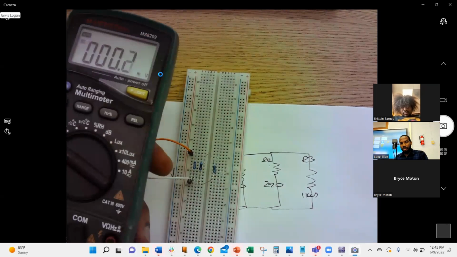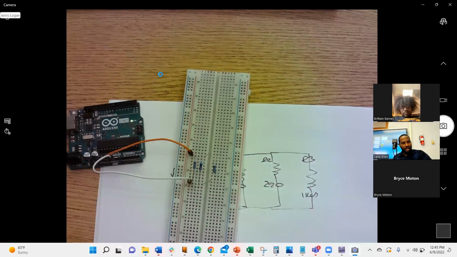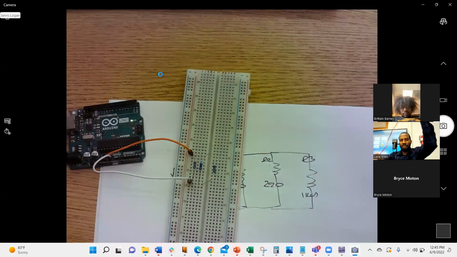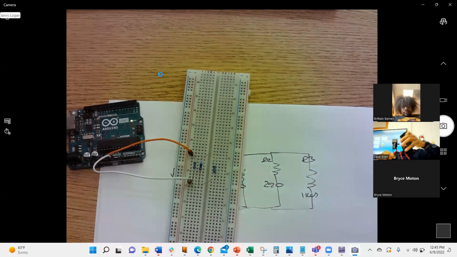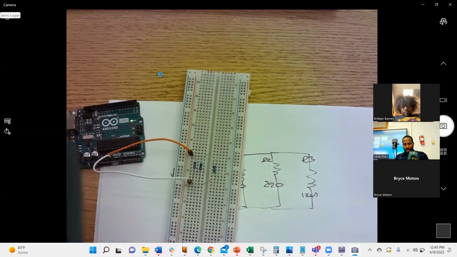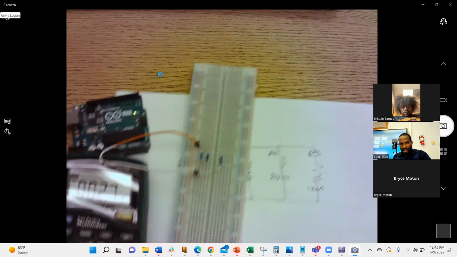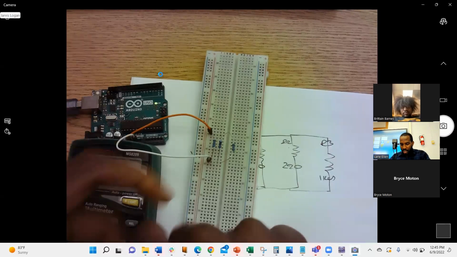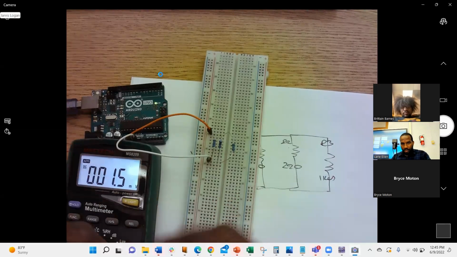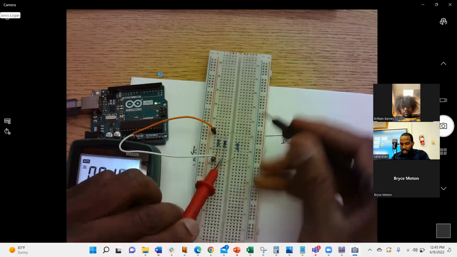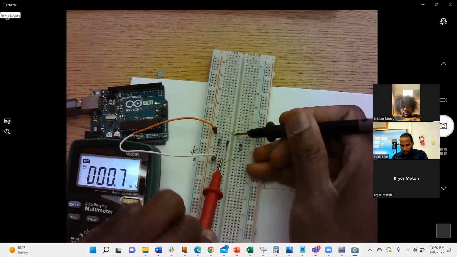I'll put my meter to measure voltage. In fact, let's go back to your meter here. No problem, I'll stick with this green one. So again here, we have a meter measuring voltage. So if you measure across this here, you should get about 5 volts.